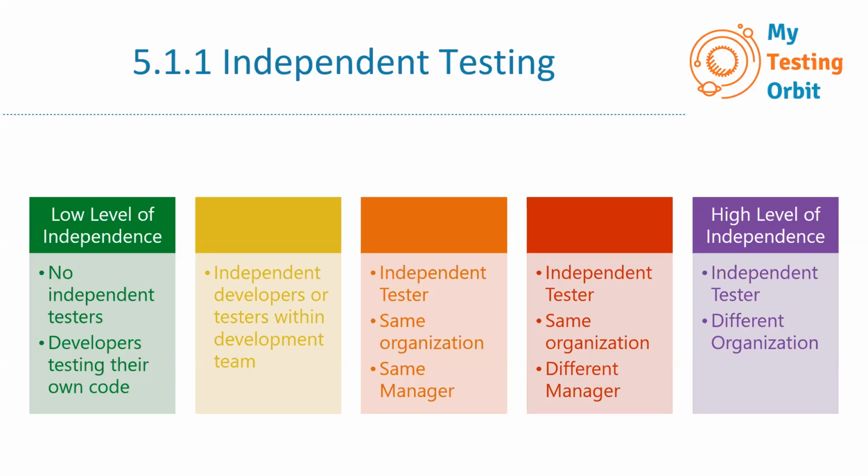They are part of the same organization, and both of these teams have the same manager. So this is also a very, very common practice that there are multiple teams, though the teams are independent, but they are managed by the same person.